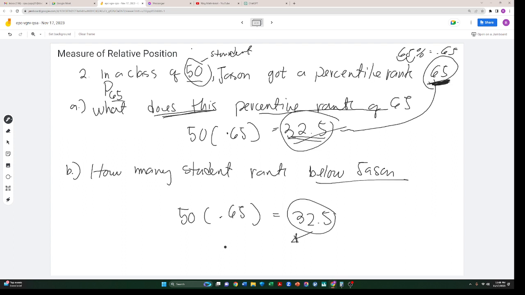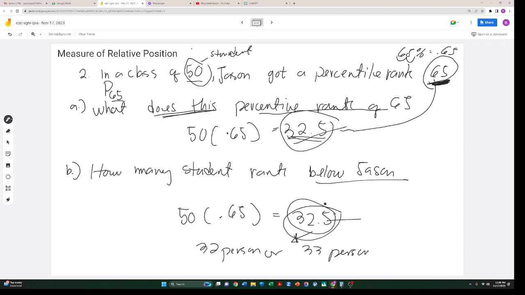I think there are no 32.5 people, as a whole there is no 0.5, but we know it is 32 persons. So the question of how many students rank below Jason can be answered by 32 or 33 persons below Jason. Okay?